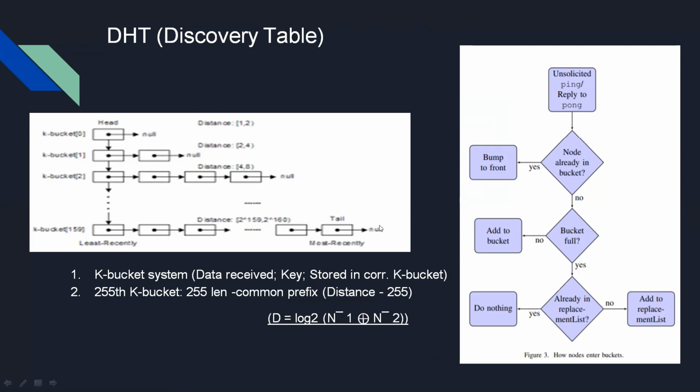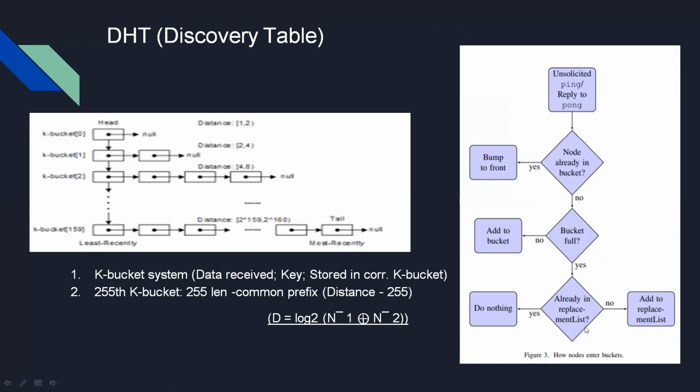So coming to how the DHT table filling works. Whenever data is received by an inbound node, or by any circumstances like an unsolicited ping or pong from the peer node, DevP2P stores this node in the respective k-bucket as per the storing system. This figure presents how the actual storing works.